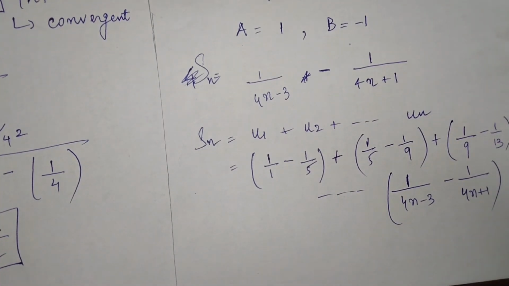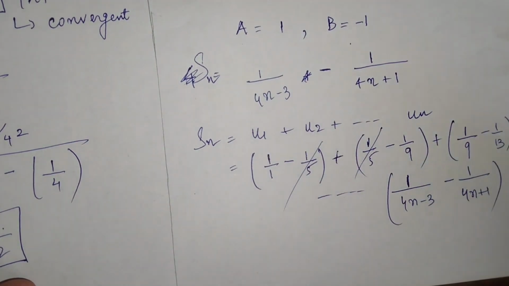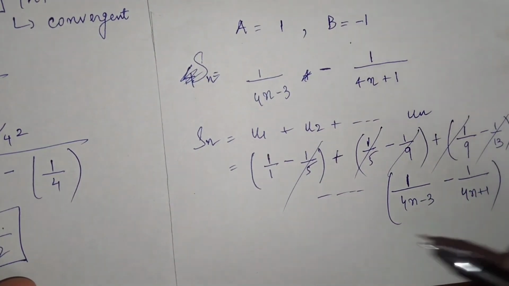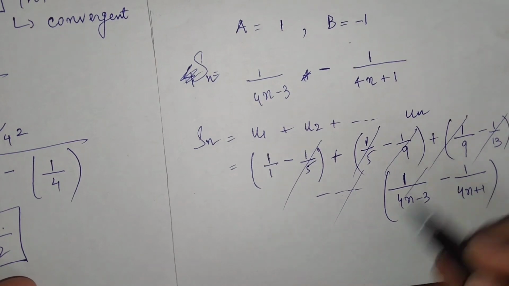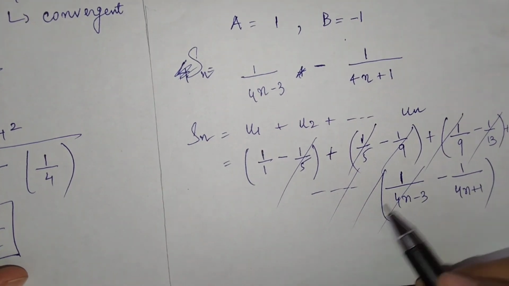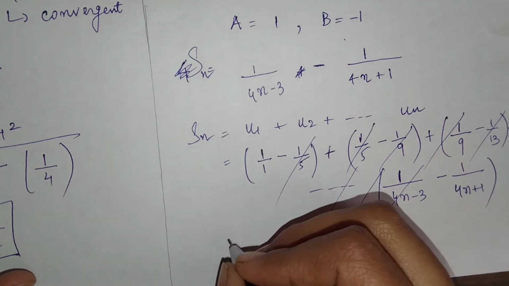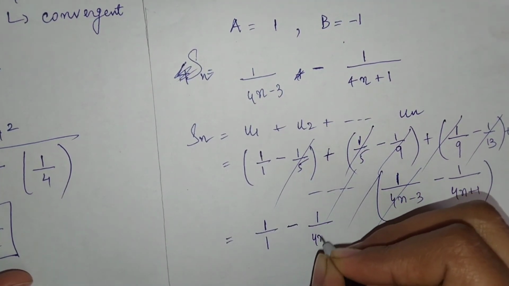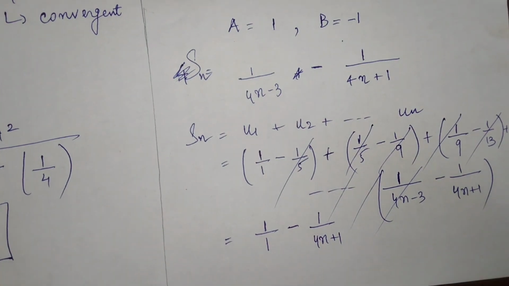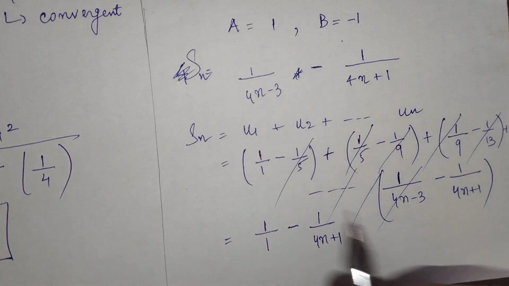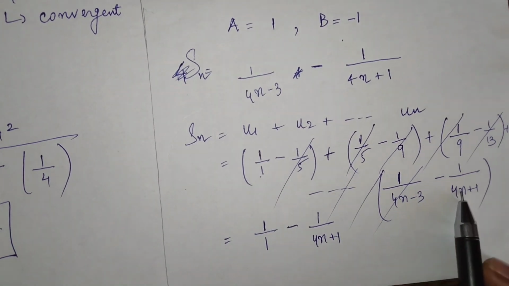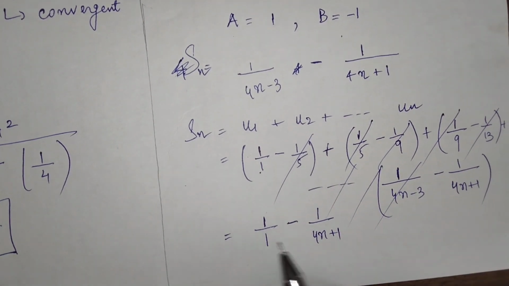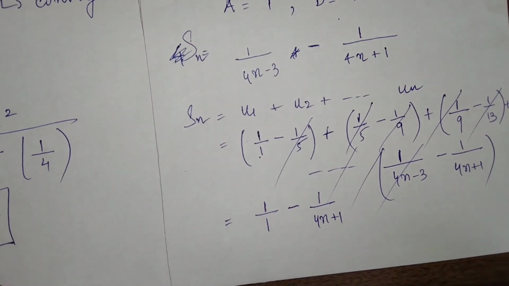Now we can see that this is a telescoping series, because these terms will get cancelled one by one. So at last we get only two terms, that is 1 by 1 minus 1 upon 4n plus 1.